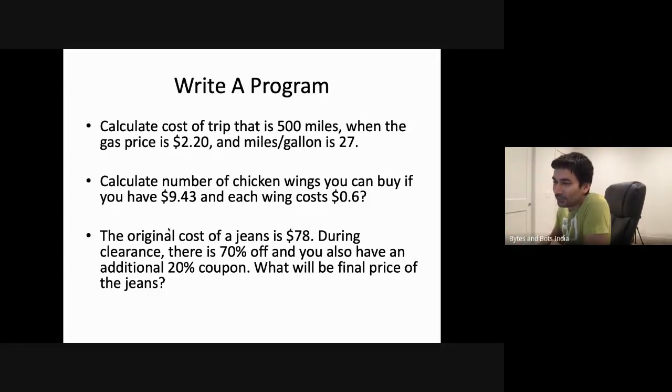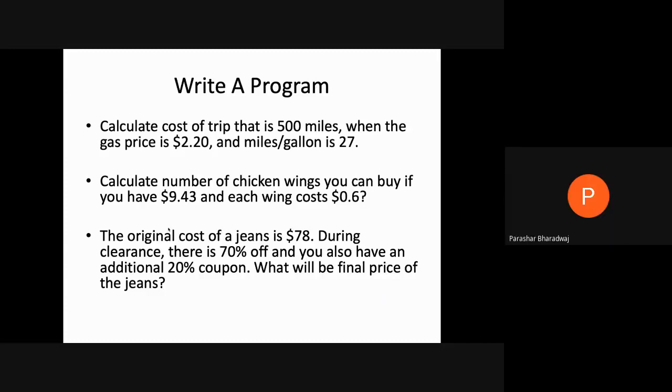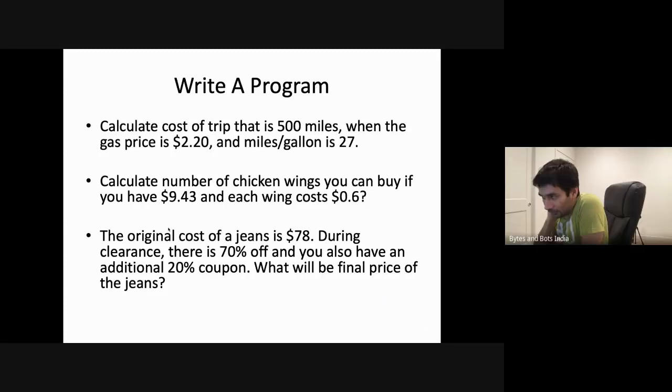What steps will you have? First you would do 78 times 30 over 100, and then you would multiply that by 80 over 100. Okay.